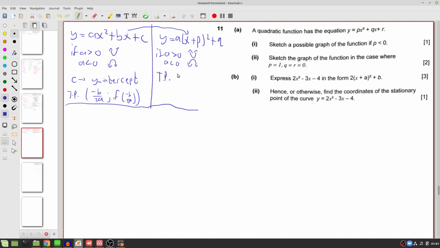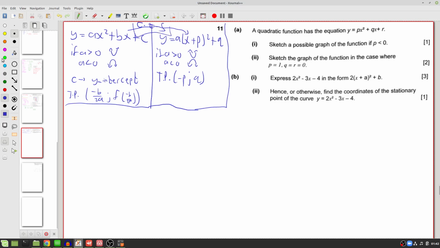So our turning point or stationary point is the opposite of that, so negative p, and then this value here, q. That's our turning point. Okay, so that is some of the information we can use to sketch graphs or to know what graphs look like for parabolas. And the method we use to get from this one to this one is called completing the square.